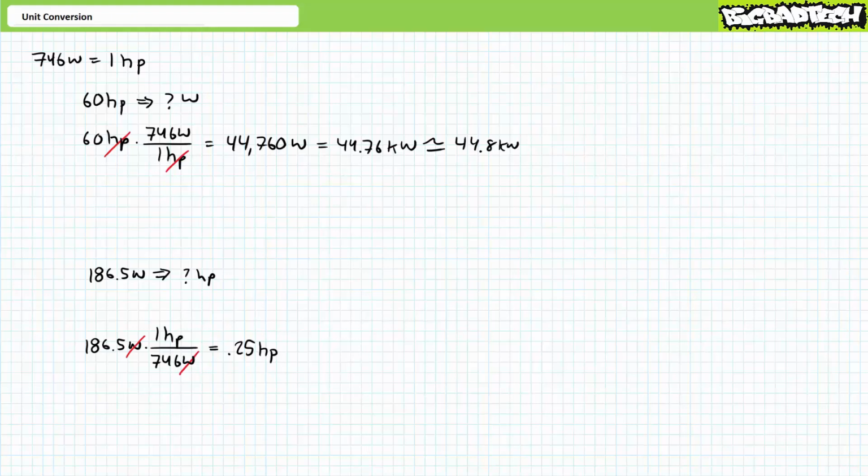Now, I don't like this foolishness any more than you, but I will reluctantly admit that it does have its uses. First, it's a sanity check on our conversion. If 1 horsepower is 746 watts, it stands to conjecture 186.5 watts will be less than 1 horsepower, or some smaller fraction than 1. In fact, that's what motors less than 1 horsepower are called, fractional motors, i.e. something smaller, or a fraction of 1 horsepower.